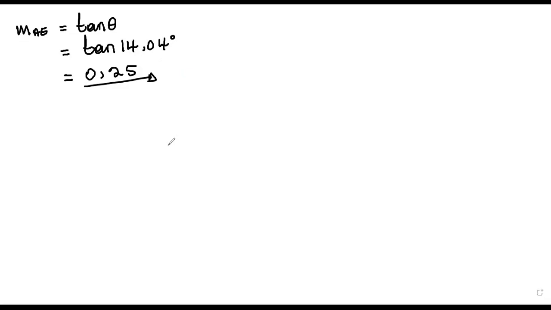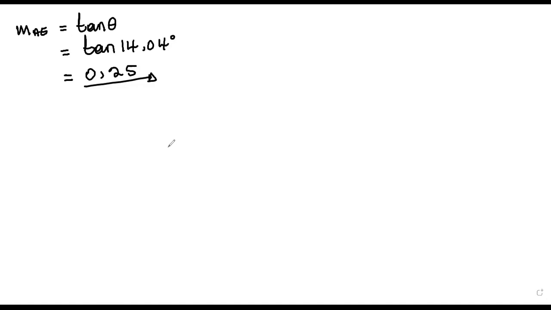Fine. Now we know the gradient of AE, but listen to what they are saying. They are saying at point T, there's going to be a tangent to the curve. So meaning T is the point of tangency. That's fine. But now they are saying this tangent is going to be perpendicular to the line AE.